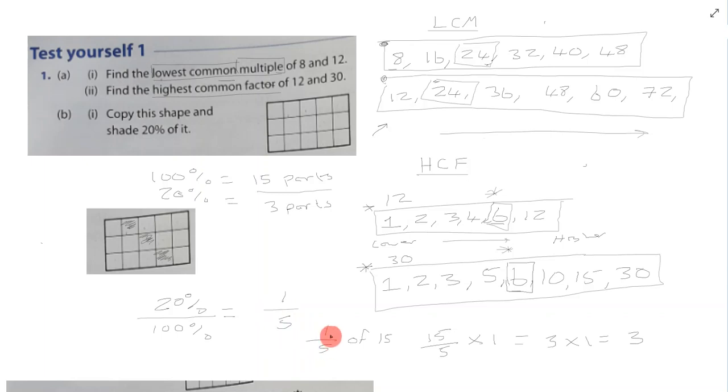And if you want to get a fraction of a particular quantity, so we wanted to get 1/5 of 15, all you do is divide the quantity, which in this case is 15, by the denominator and multiply by the numerator, and that's what we've worked out here. And then we've just shaded in 20% of this shape. So that's lowest common multiple, highest common factor, and then working with percentages and fractions.